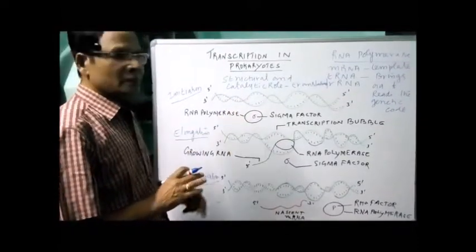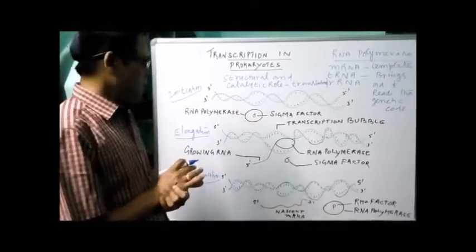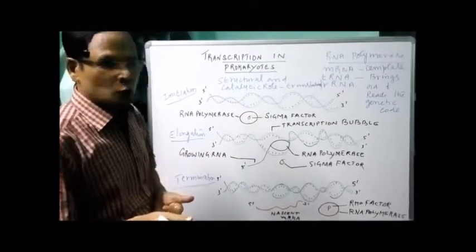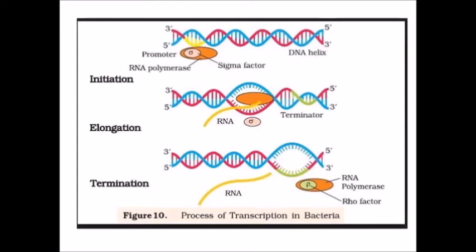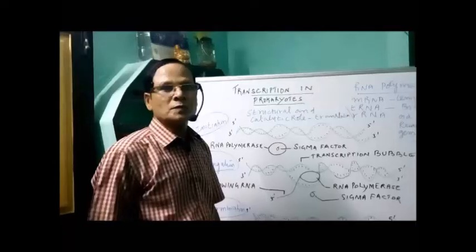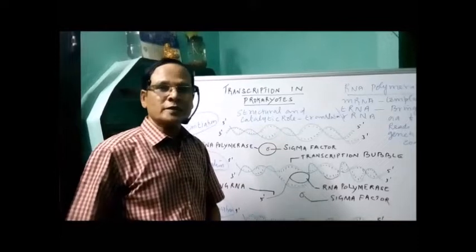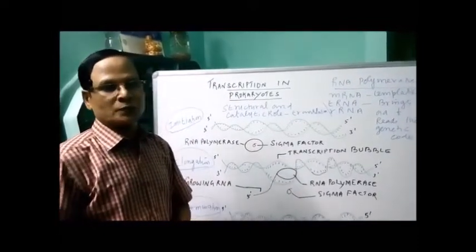So sigma factor, initiation factor, and then rho factor. Once the RNA polymerase associates with these factors, they instruct the RNA polymerase either to initiate or to terminate the process of transcription.